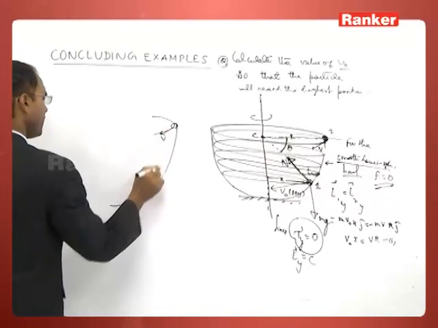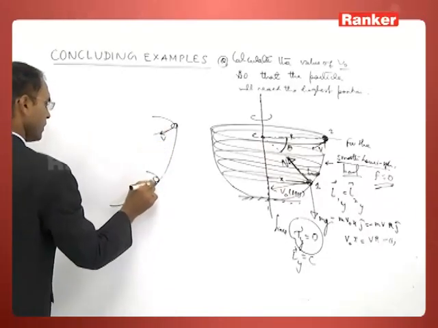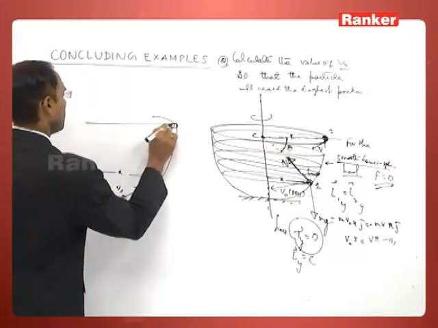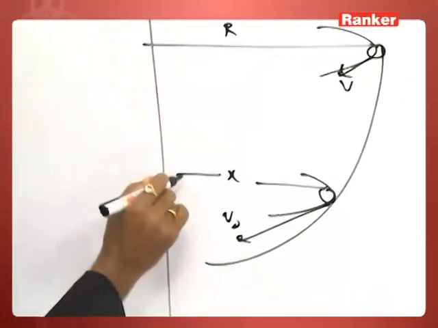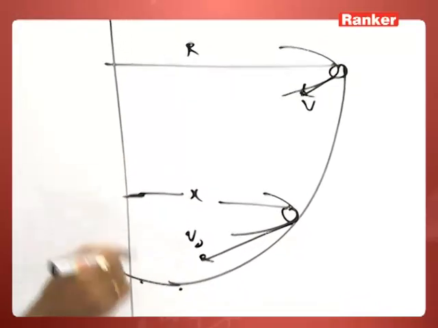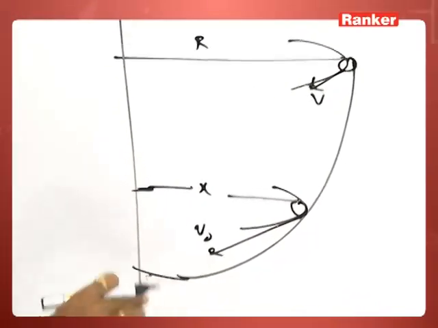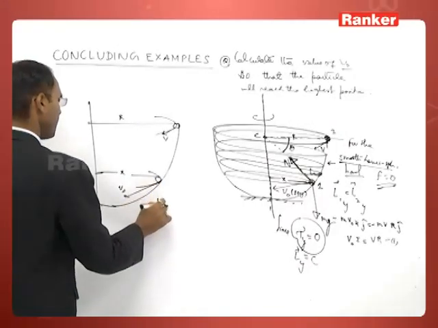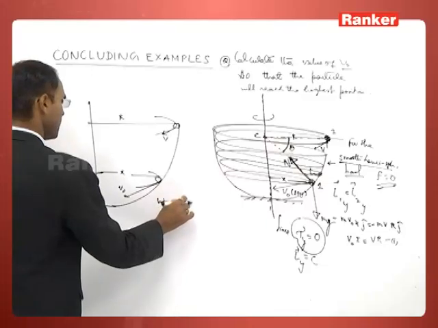Here velocity is v, here velocity is v naught. This is x and this is r. The work done by gravity is equal to change in kinetic energy.